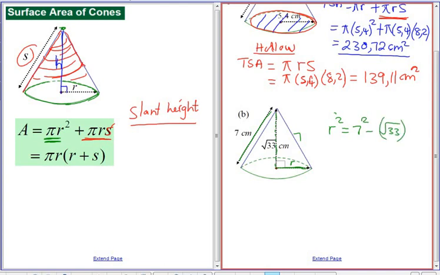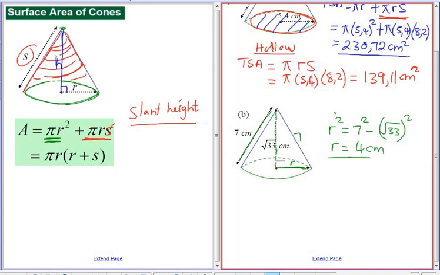I took a shortcut there. I hope you don't mind. Okay, so what will be our radius in this situation? Well, I'm getting 16 for r squared, so it's plus or minus 4. We will take the positive 4. So in this situation, we can see that the radius of this is 4 centimeters.